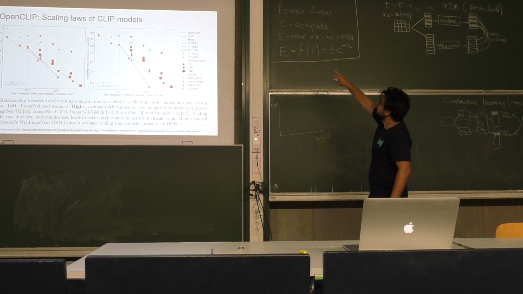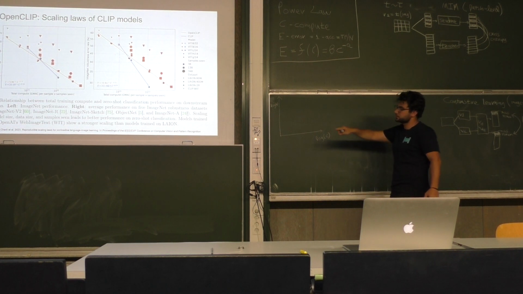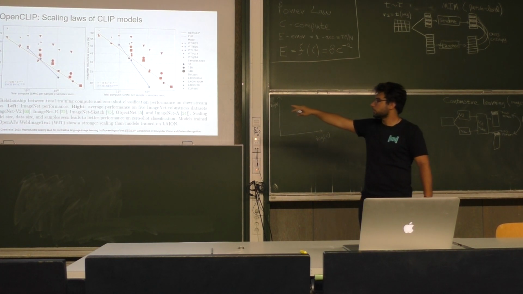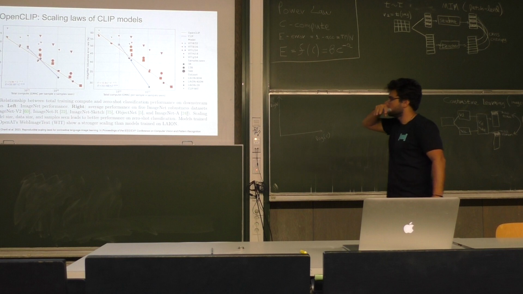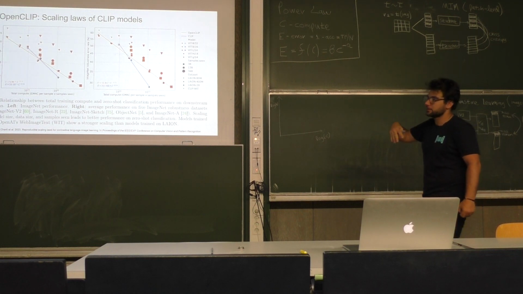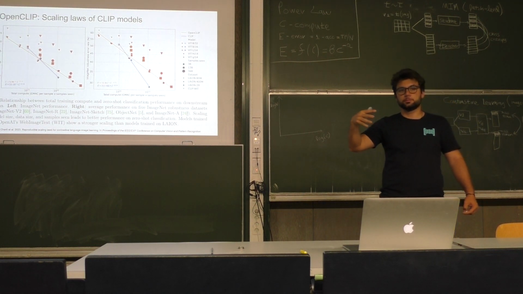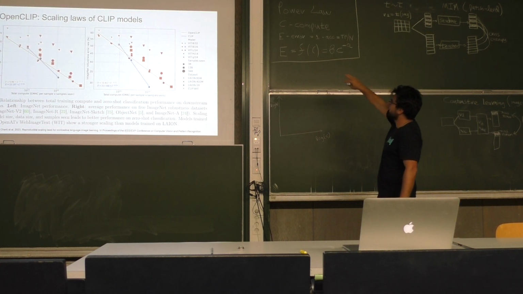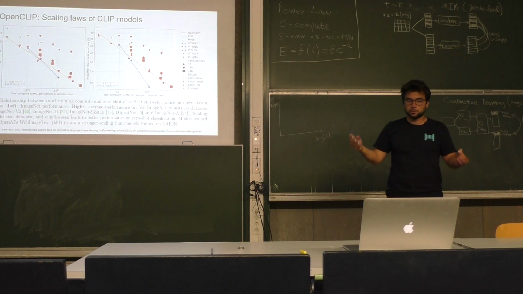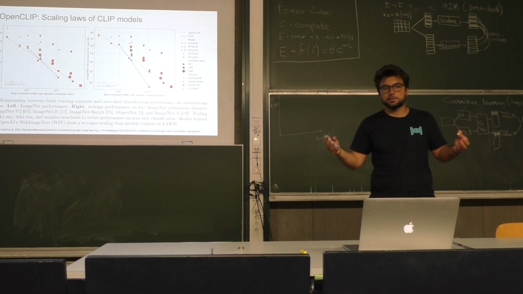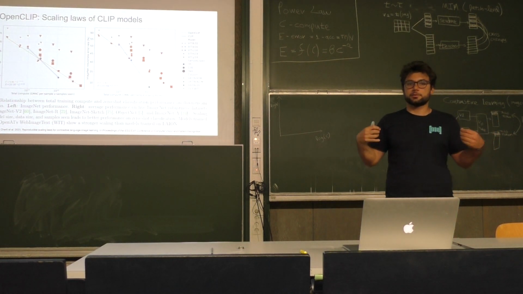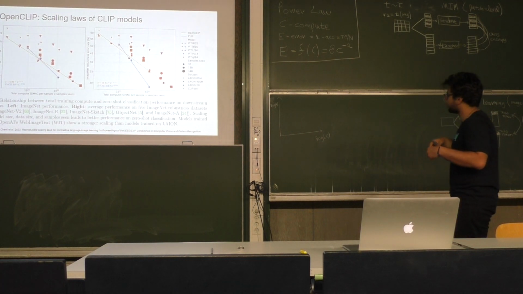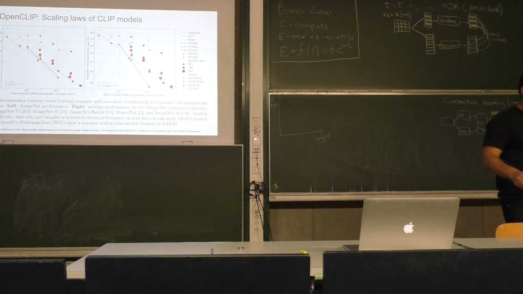So given C being the compute, which is the complexity for one image multiplied by the images that are seen from the model, we can have some estimation of the total zero-shot error on ImageNet. So this is called power law.